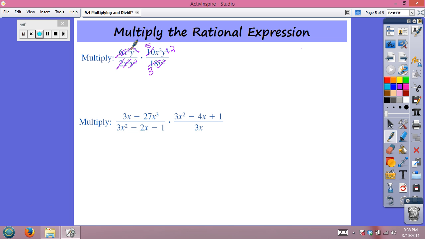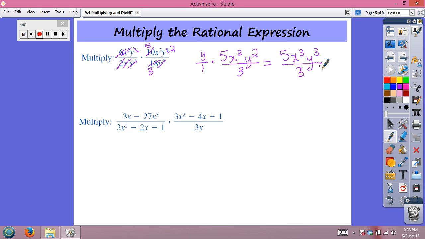So if you can sift through all of your notes here, we're going to be left with y over 1 times 5x cubed y squared over 3. Now that it's all simplified, it'll be much easier to multiply across. So we are left with 5x cubed y cubed all over 3. And that, you'll see, is in simplest form.